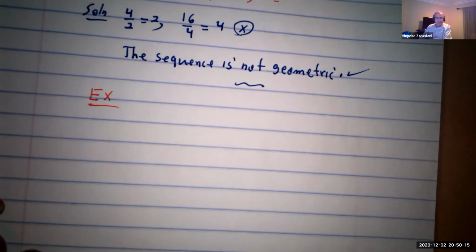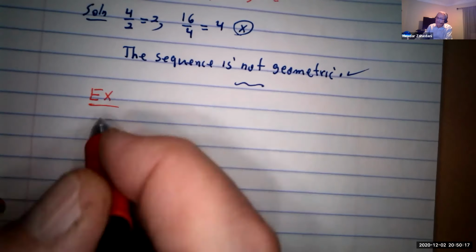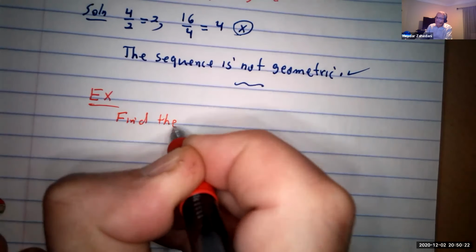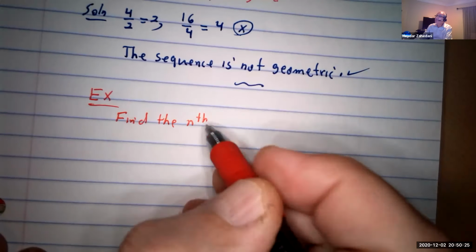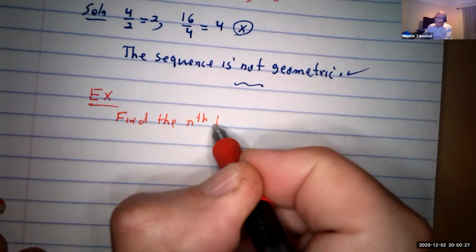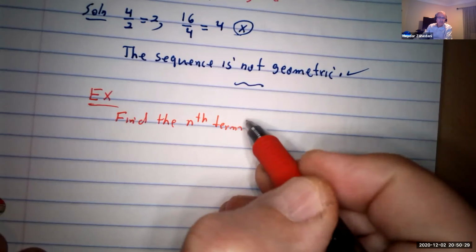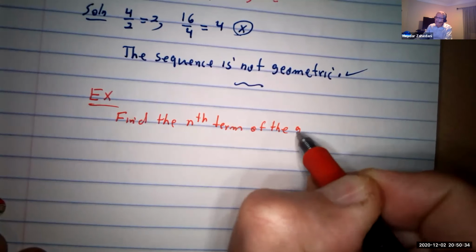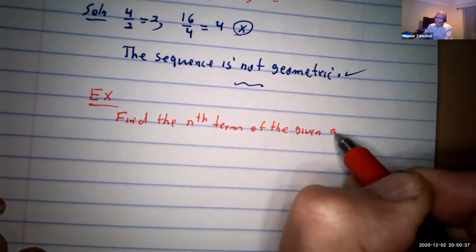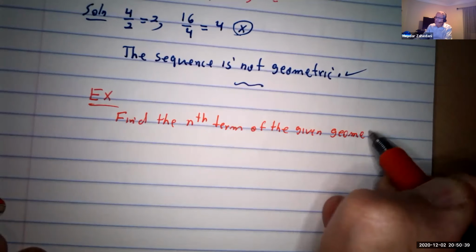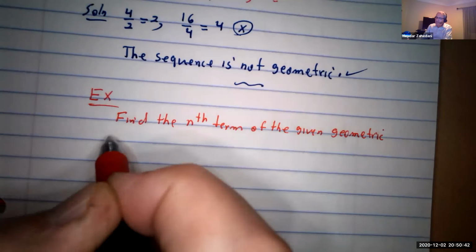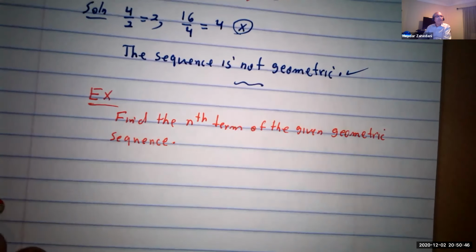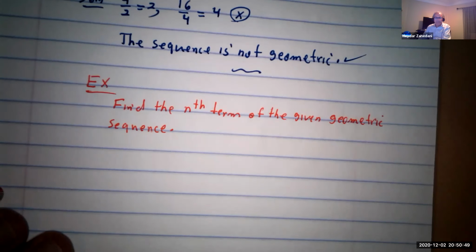So they may give you a couple of terms and they ask you to find the n term of the given geometric sequence. That is going to be the case.